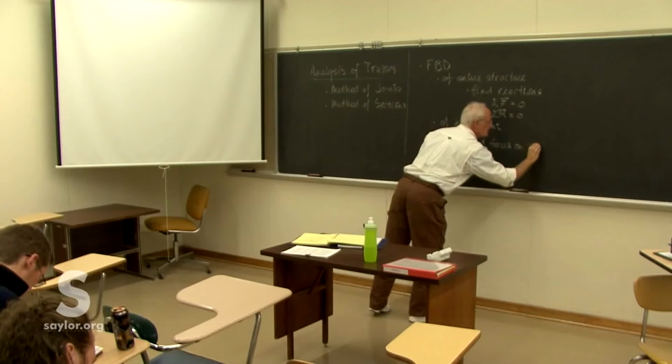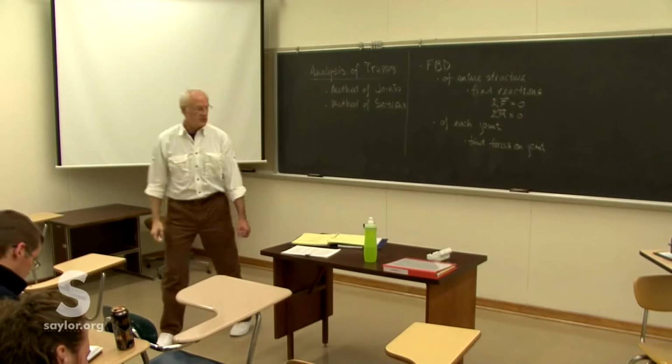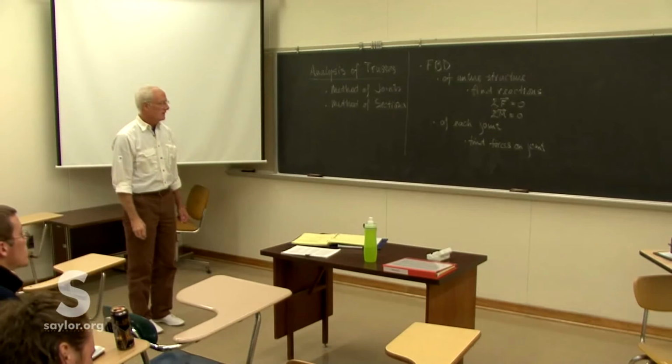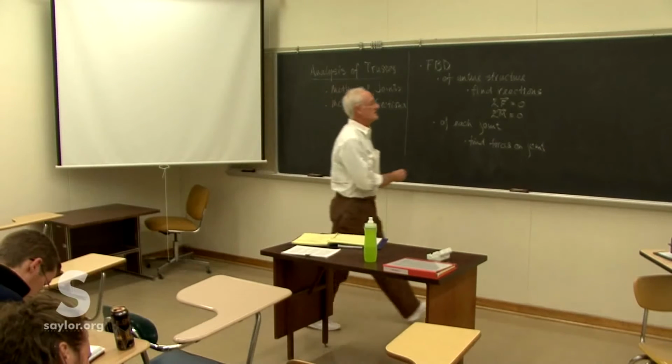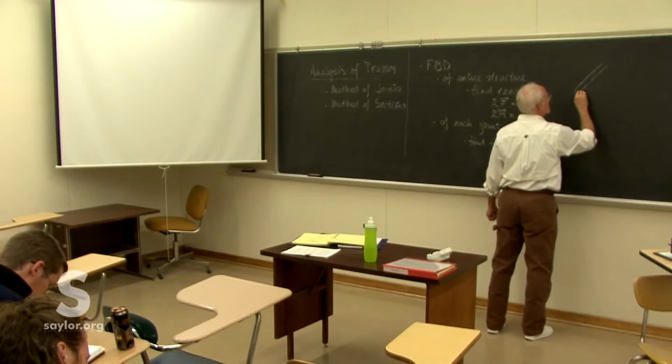We'll find the forces on the joint, and we're going to step through all this, of course, in a second, just kind of laying out the game plan. We'll find out the forces on the joint, which then, of course, are also the forces that are in the members that connect to that joint.